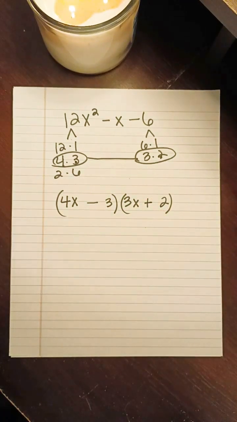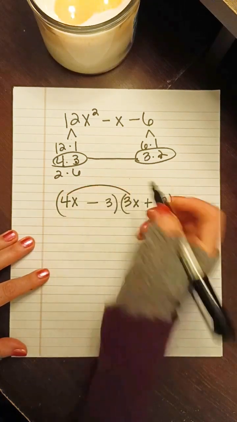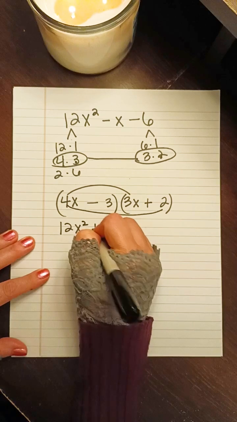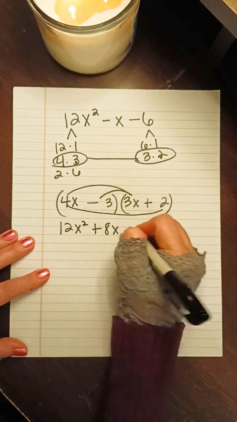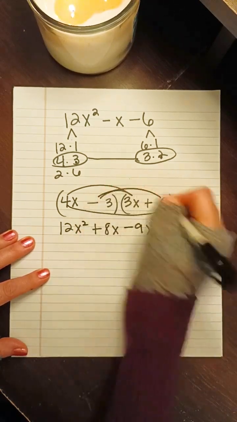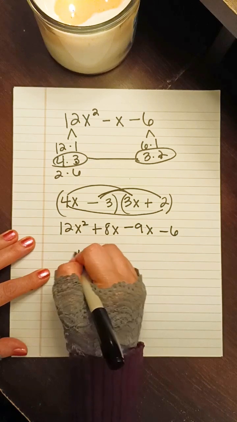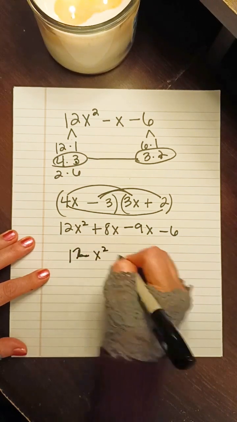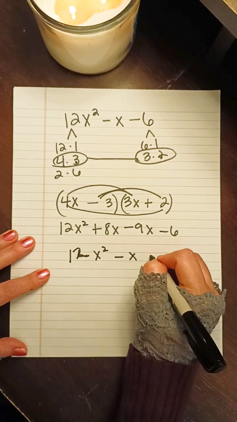So if you're still not sure, let's FOIL. So first, outside, inside, and last. So we get 12x squared minus x minus 6.